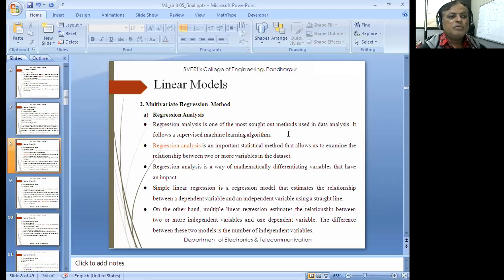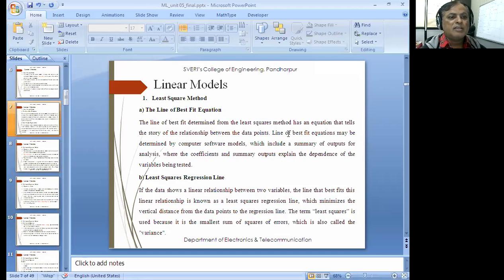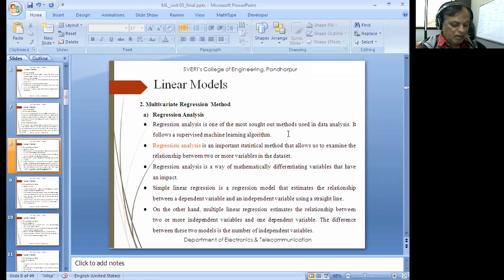So now we are going to see another method called the multivariate regression method. In this, we are going to see first the regression analysis. So multivariate regression method means it is having multiple variations.